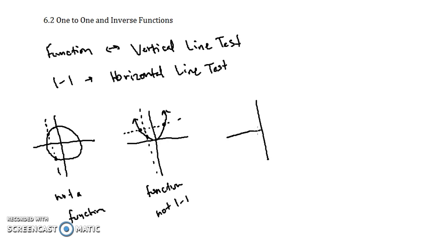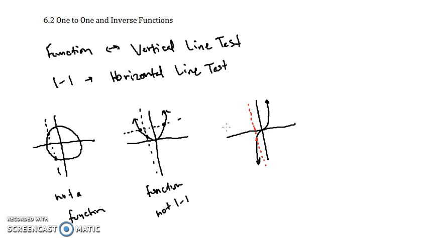Okay, let's look at another example. Our graph of x cubed we're familiar with now. Let me switch to a different color here because it's going to be close. When we do the horizontal line test, it passes through in only one spot. Remember, even if it looks like it's going vertical, it's not actually.